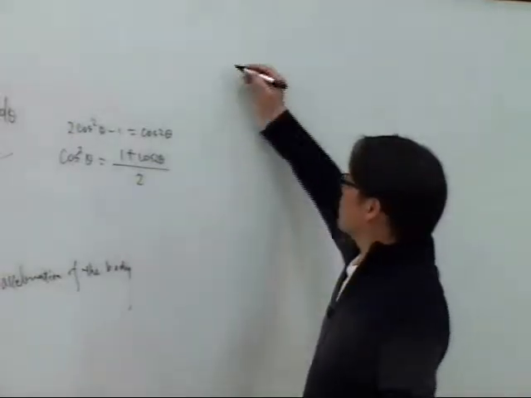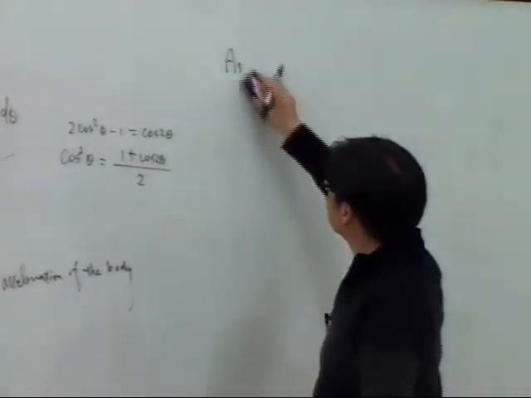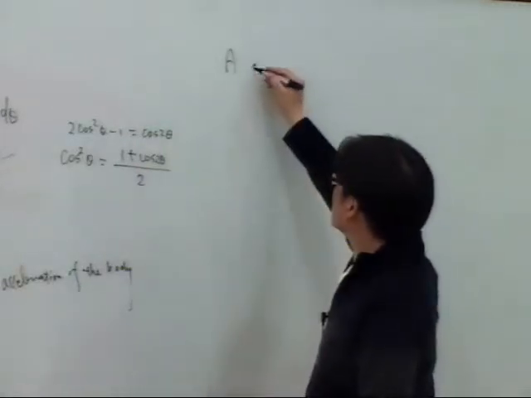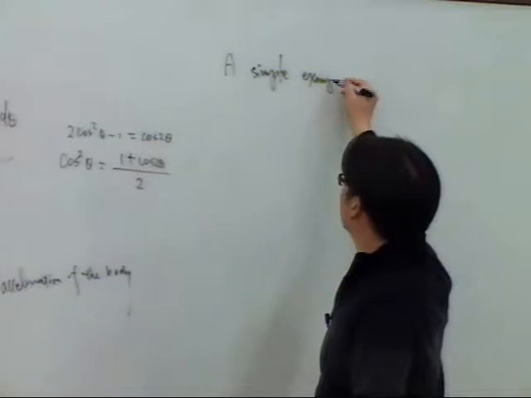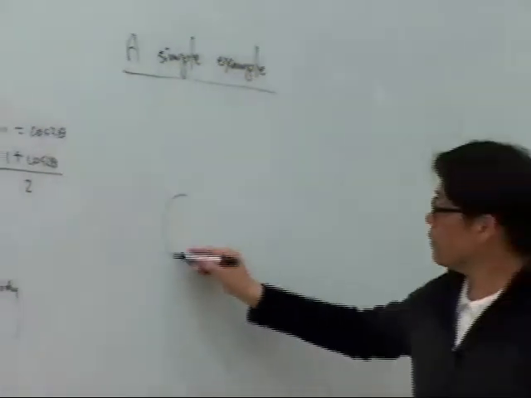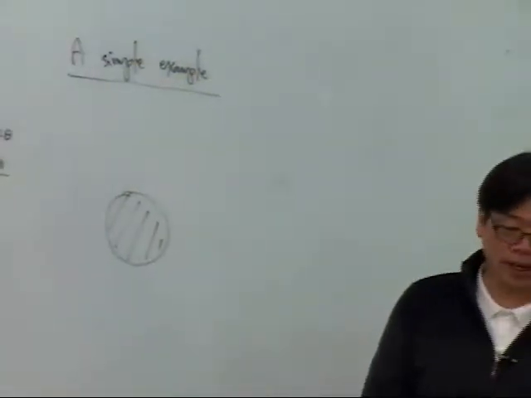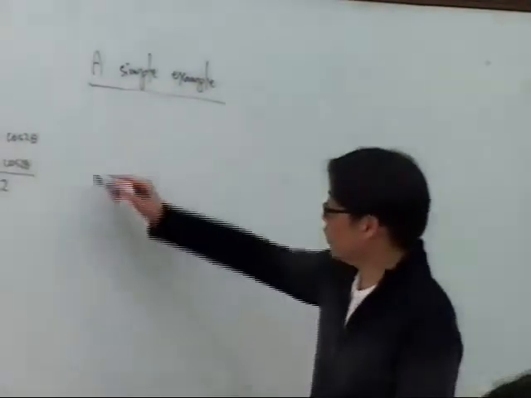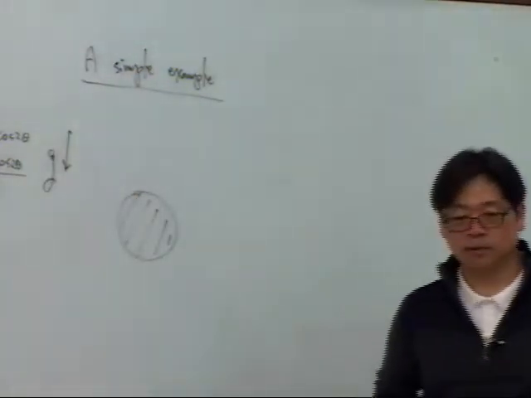Okay, as a simple example, suppose you have a circular cylinder free falling. So gravity is acting this way, right?